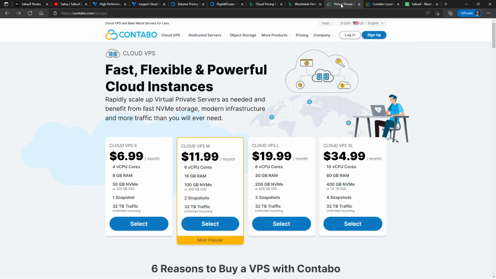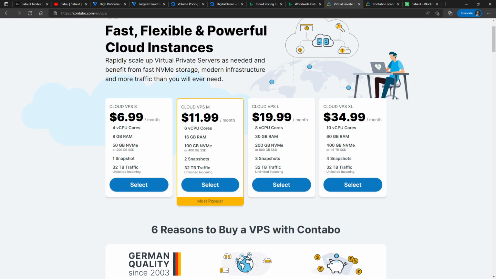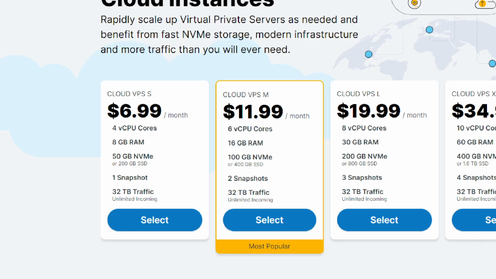The last one of the 4 I picked was the reason, I guess, for making this video, and also from JP's comment, was Contabo. Now, Contabo, you can see here that we have some pricing options. Maybe I'll zoom in here a little bit.